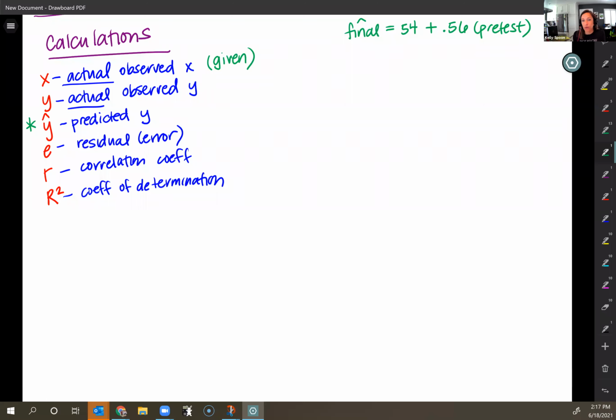That was the other thing we did with our regression line. One was to talk about a general relationship. For every point you get on the pretest, we expect you to get 0.56 on the actual exam. But the other piece was this idea of using our regression line to make predictions. So to find these, all we're going to do is plug X into the regression line.